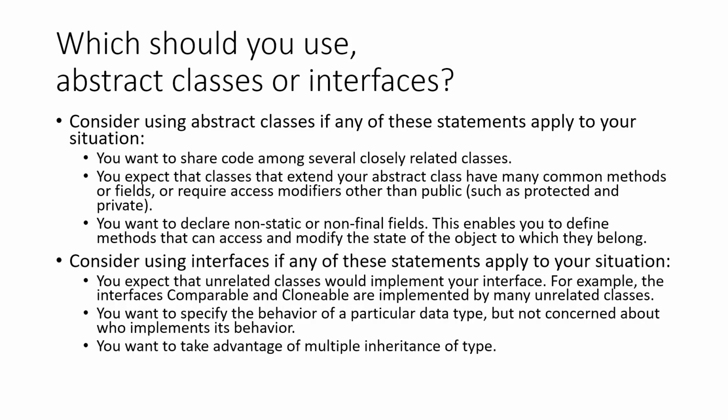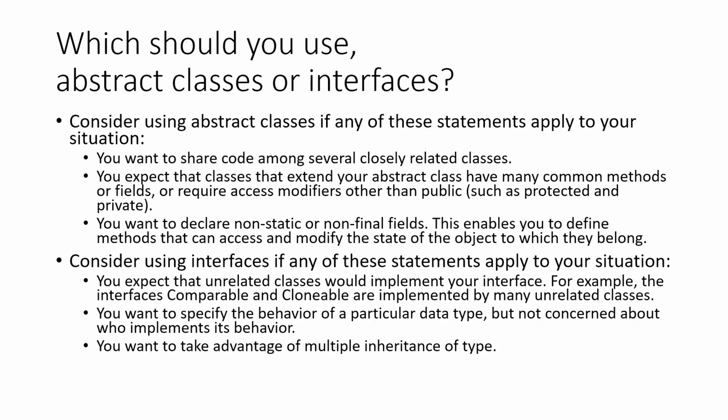Bird and sparrow was a different hierarchy, and fish and salmon was a different hierarchy. So if you have a hierarchy, then you use abstract classes. There can be a hierarchy of some abstract concept and some concrete concepts that extend it.